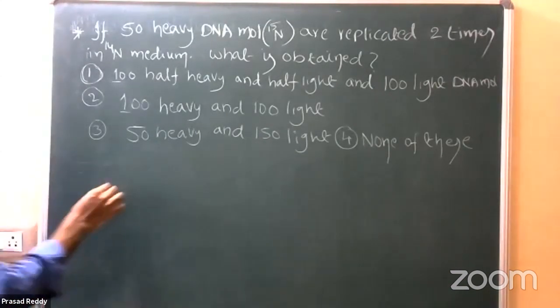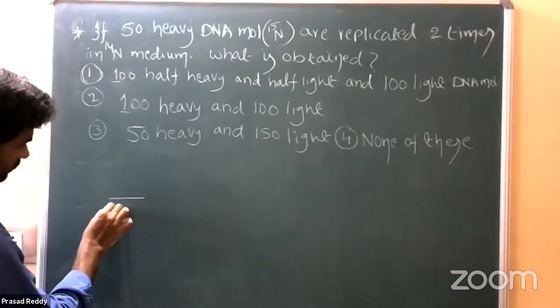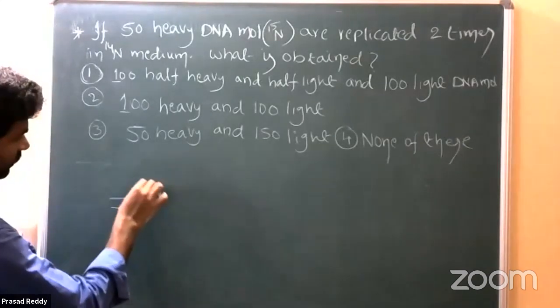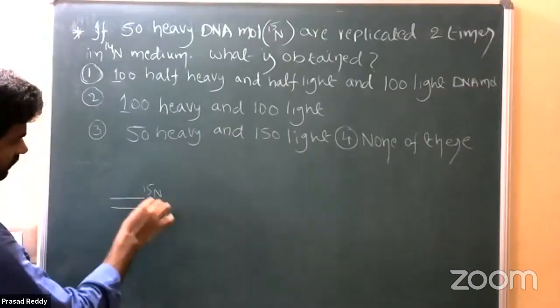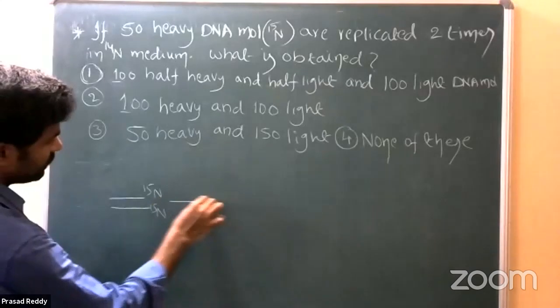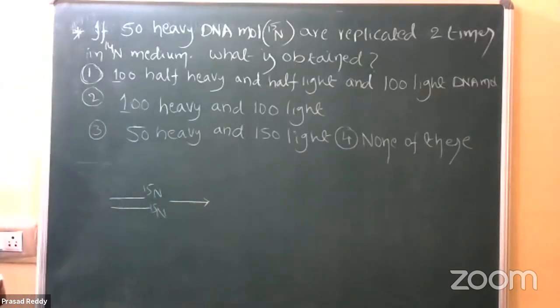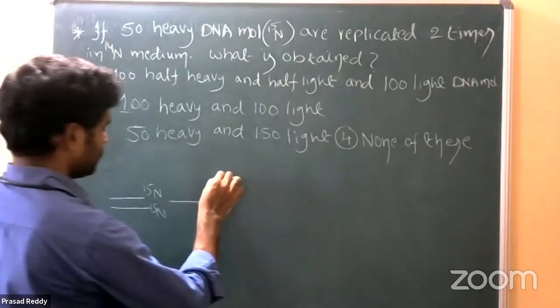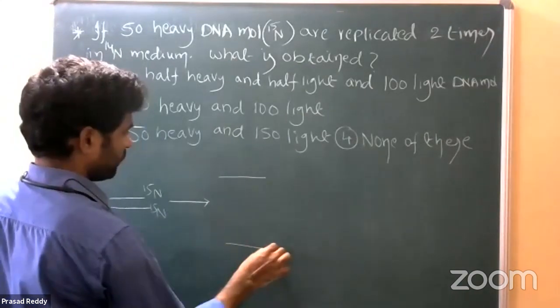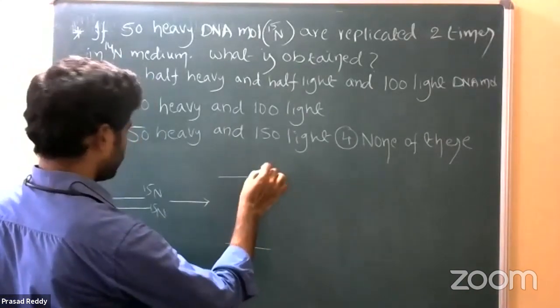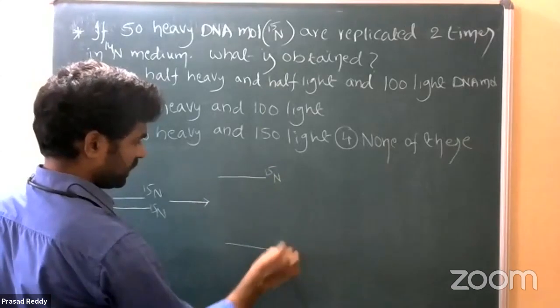Better to take a heavy DNA molecule first: N15 and N15. It is replicated two times in N14 medium. Am I right? Better to take the N15 strand and N15 strand.